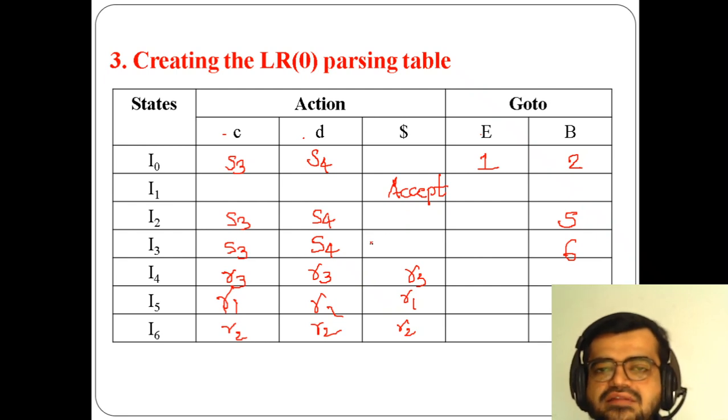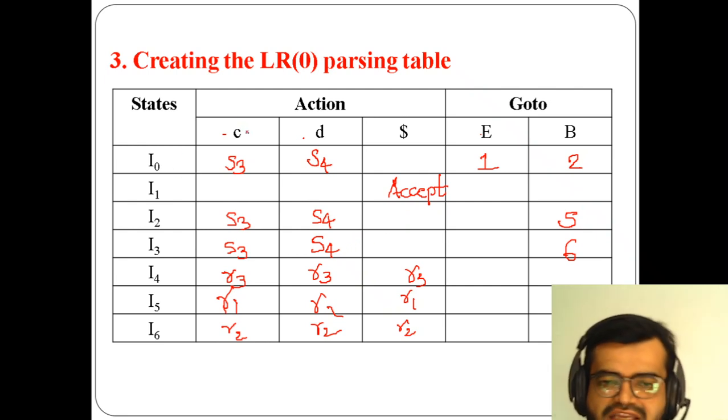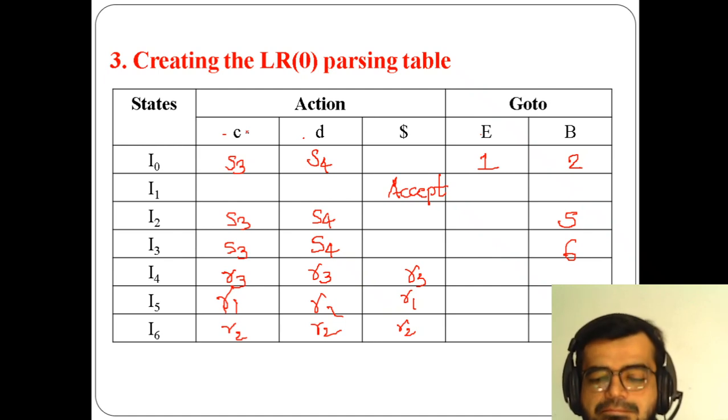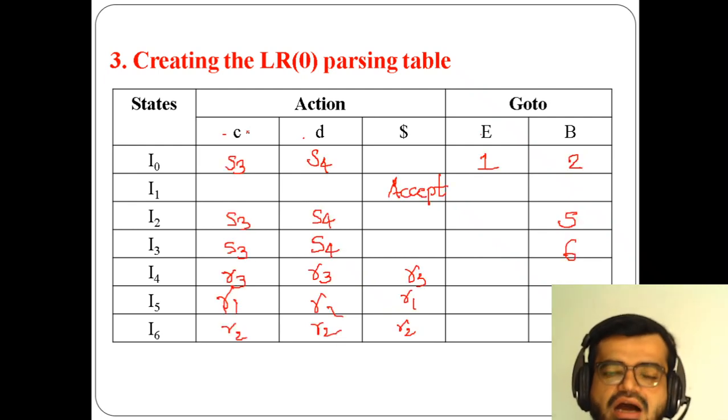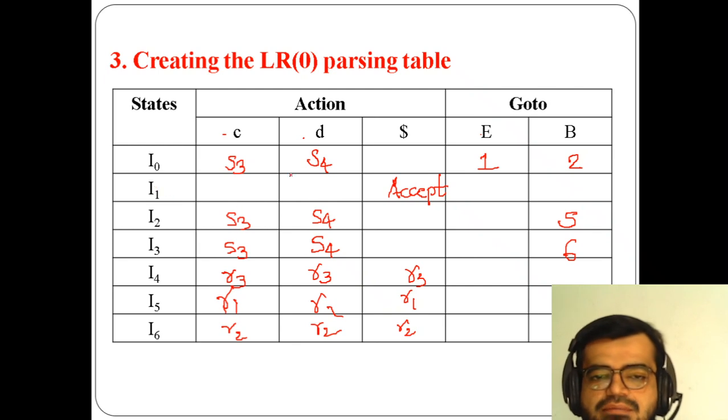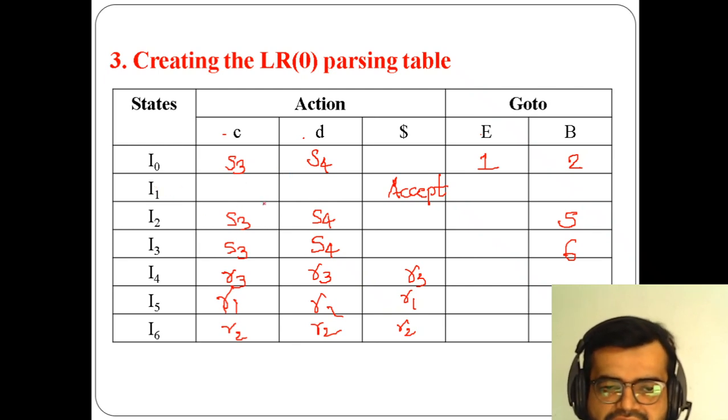Okay, so in this way, this is your LR(0) parsing table. By this table only you can come to know that this is an LR(0) grammar. How can you say that? Because in every box, only shift is there or else only reduce operation is there.